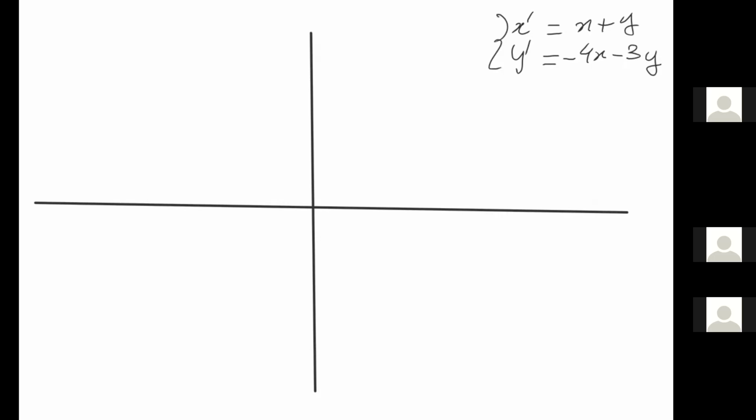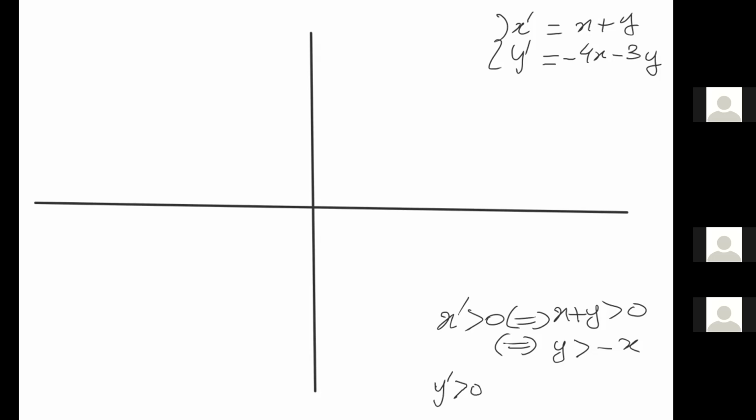So the first null line: x prime greater than 0 is the same as x plus y greater than 0, which is y greater than minus x. And y prime equals 0 is equivalent to y less than minus 4 thirds x. So I will draw my null lines.